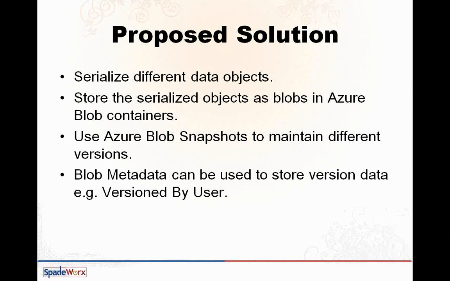So at any given point of time, for a blob which is already added to an Azure container, a snapshot of that current version can be created with that same blob, and that's how you can maintain the history. So it seems to be fitting pretty well to our requirements. We decided to go ahead with this approach.